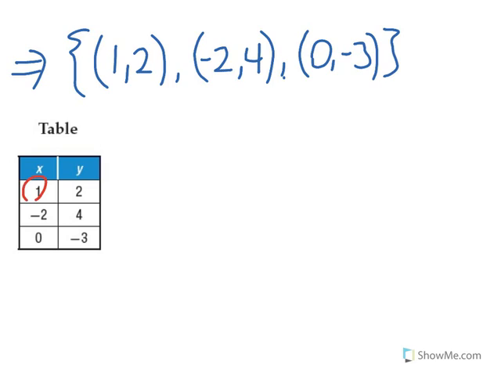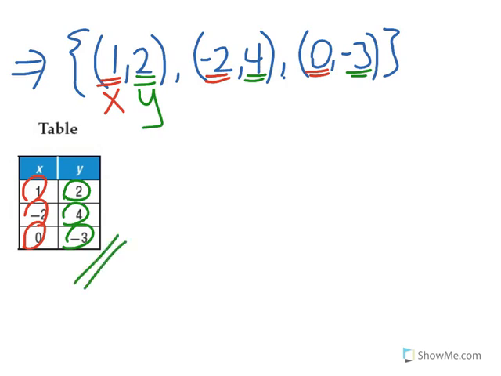Here the x values 1, minus 2 and 0 are the first values of the ordered pairs, and y values 2, 4 and minus 3 are the second values, because the first value in an ordered pair always represents x, and the second value always represents y. So that's how I make my table according to the given list of ordered pairs.